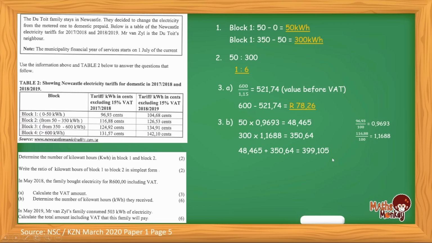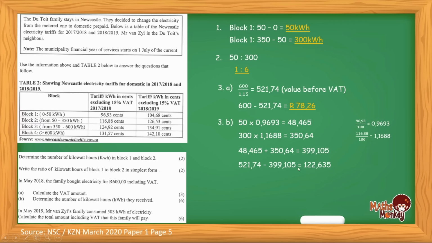Now I need to figure out how many units were bought in block 3. We know that the 350 units cost us 399.105, but it's not the full 521.74. So the balance is 521.74 minus 399.105, so how much we paid minus the cost of the first 350 units, which is 122.635.